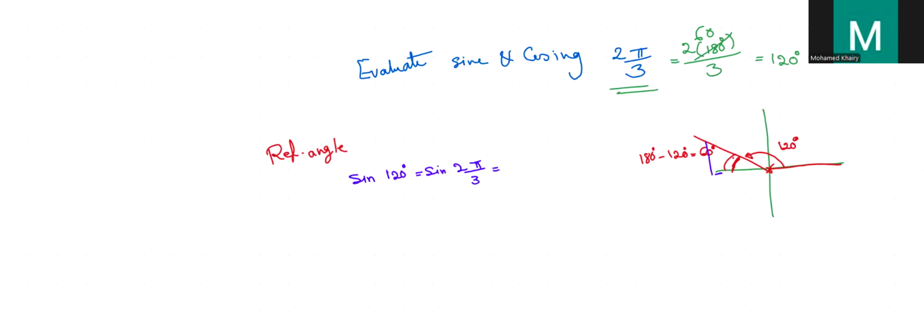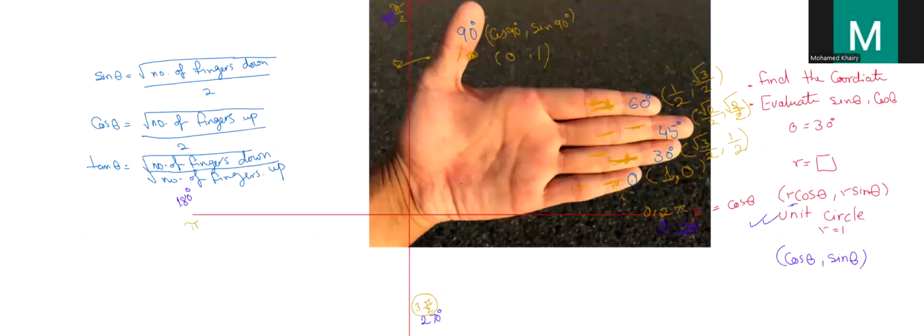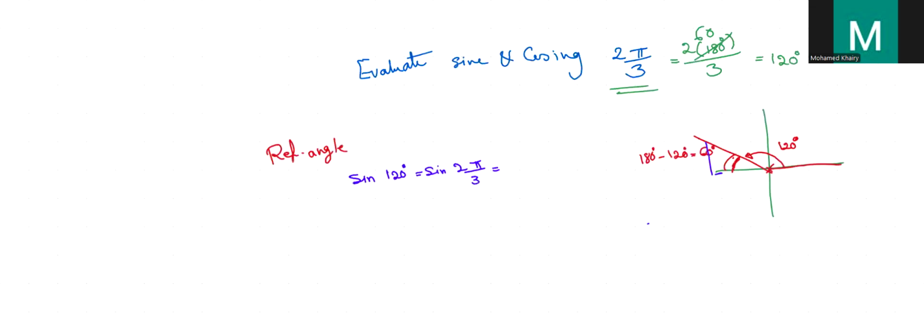Sine, if you come back here to fingers, we said sine for 60, right? So where is 60 here? This is my finger, right? This is cosine 60, number of fingers up, one finger, divided by 2. And sine radical 3 over 2. So for sine, we said number of fingers down.